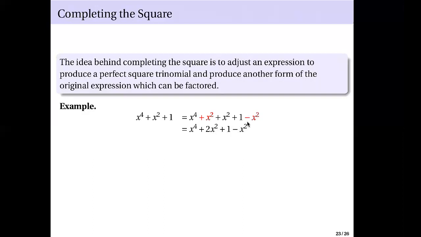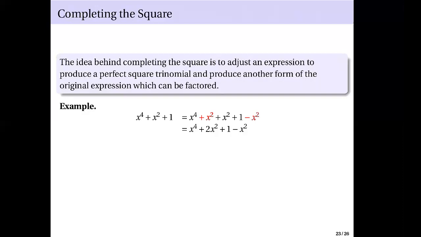But remember, the minus x squared is still here. So this expression is another form of the original expression, and they are the same. This x squared and minus x squared, I just took it by experience. I know that this x squared is the best expression. It's by experience.